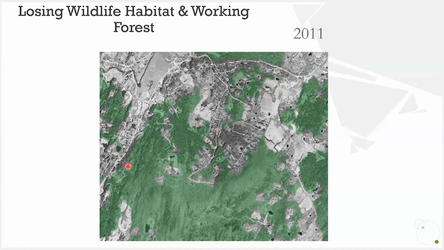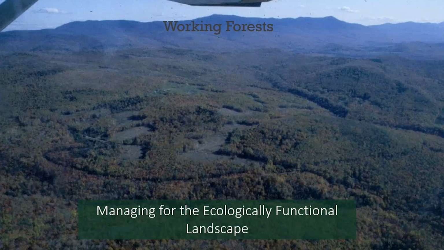And that's something that we're increasingly worried about across Vermont. And if you were to look at aerial imagery of your community, no doubt you could find this trend occurring somewhere on your own regional landscape. So the planning work that comes out of Act 171 is aimed in large part at beginning to manage for what we call the ecologically functional landscape.